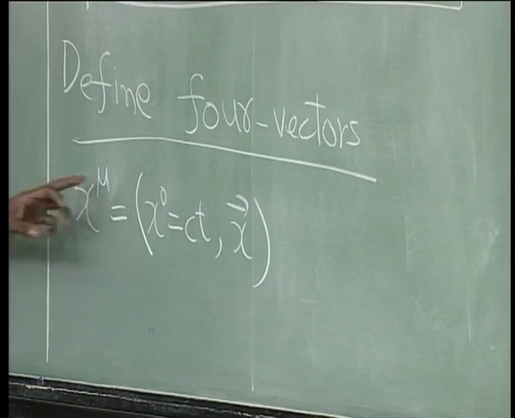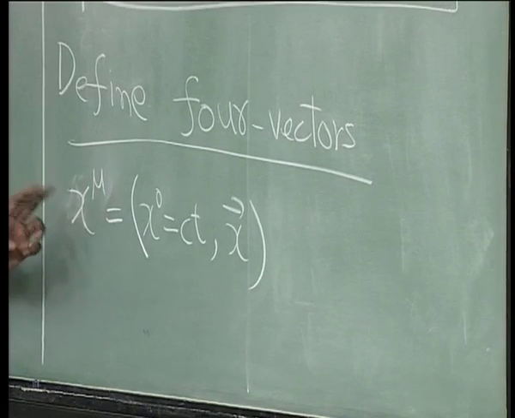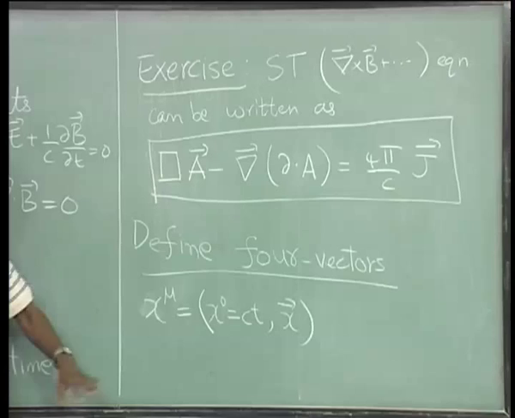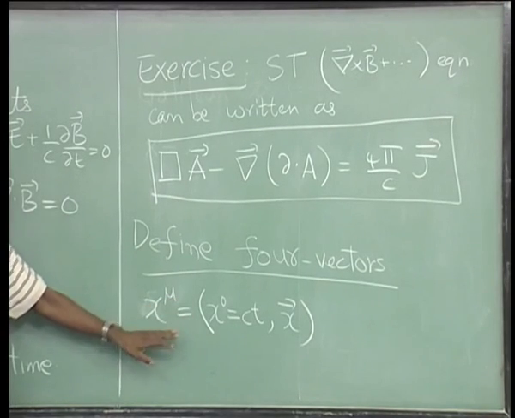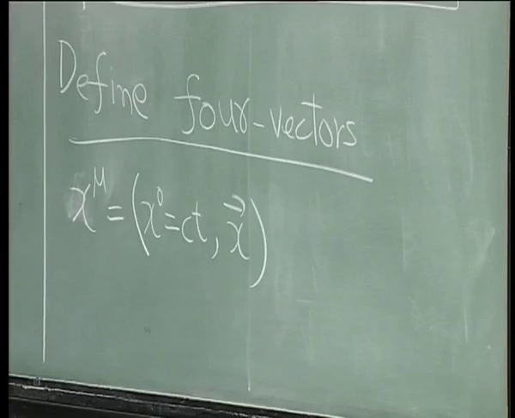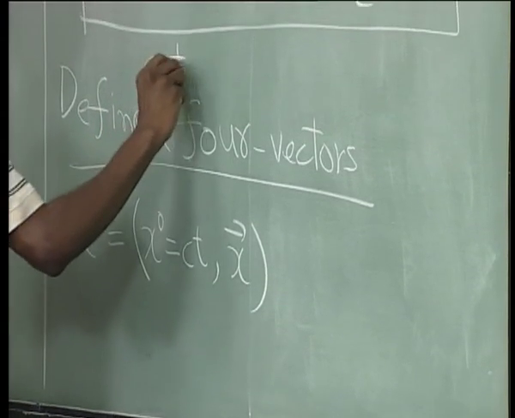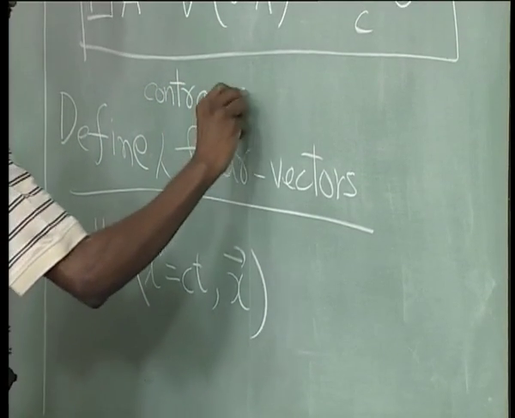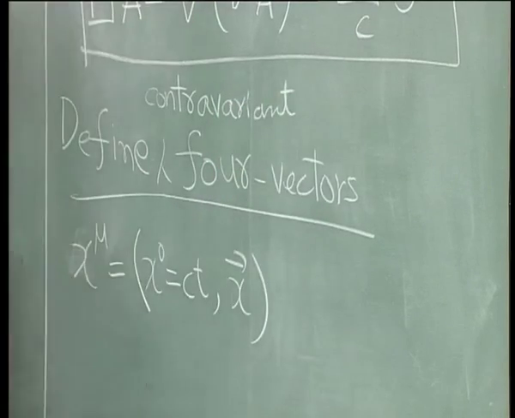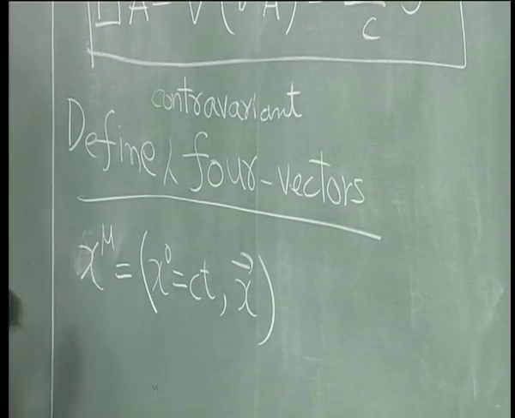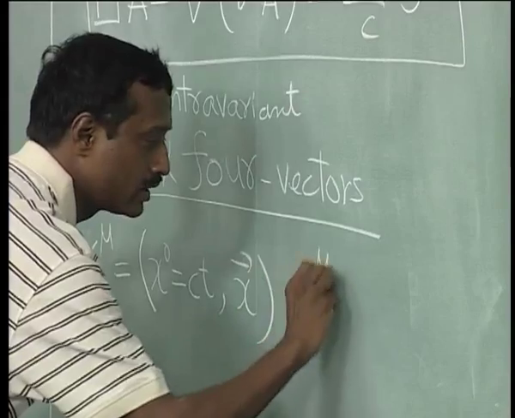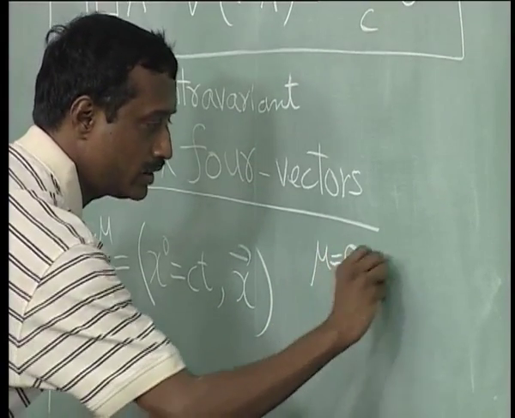Okay. It's important to note that I am writing this thing with an upper index. We will see later on in this course what the lower guy would be there. Okay. But at this point, all these guys have upper indices, or what they are called contravariant vectors, 4 vectors. Then the next one, and this mu index runs from 0, 1, 2 and 3.